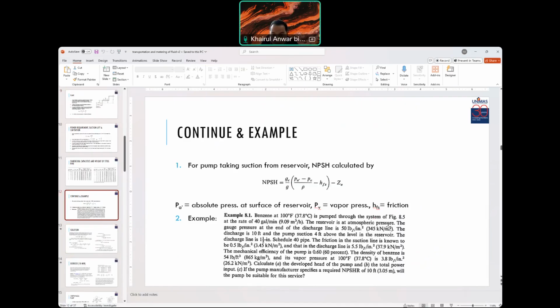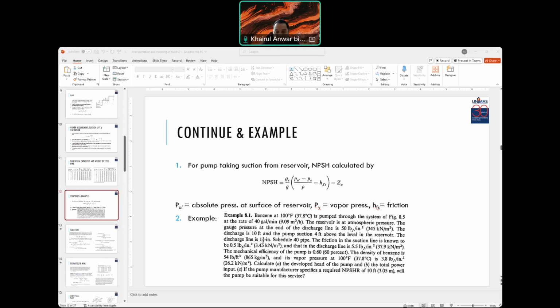The reservoir is at atmospheric pressure, the pressure at the end of the discharge line is 50 pounds per inch square. The discharge is 10 feet above the level in the reservoir, and the pump suction is above the level in the reservoir.